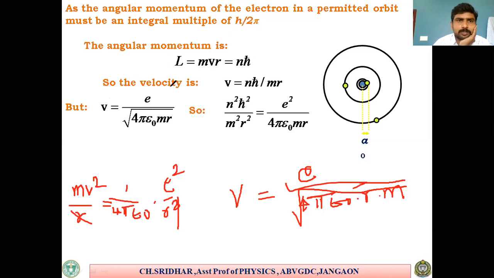From these two expressions, if we square both sides of this equation, we get n square h cut square by m square r square is equal to e square by 4 pi epsilon naught into mr. From this we can get the expression for the radius.